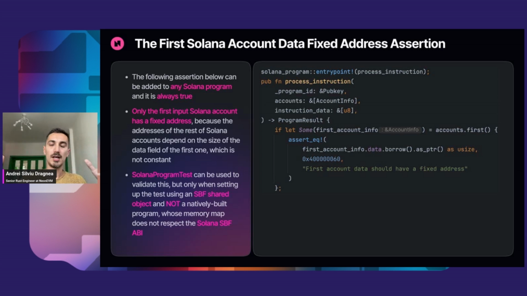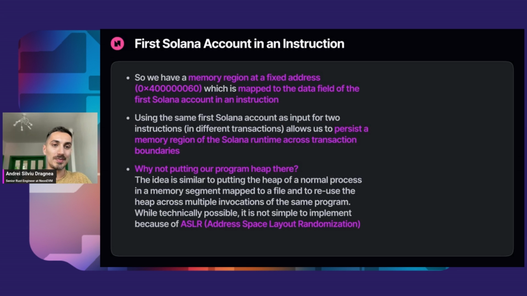Basically, the memory mapping is different, because when you natively build that program, you basically run it as part of a test in the address space of a normal process on your local machine, which could be a Mac, a Linux, or a Windows machine. So this will not work. But it's interesting to see that this assertion added to any Solana program will still be true.